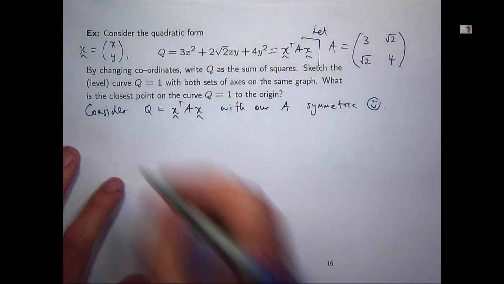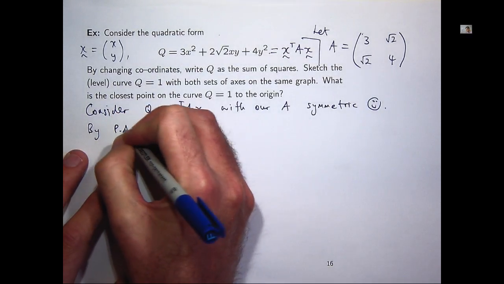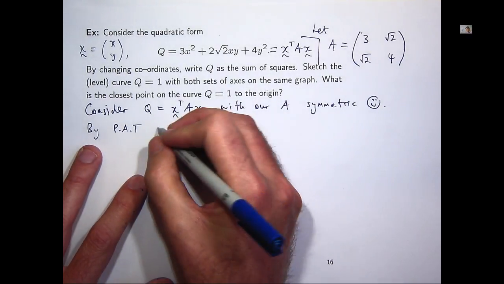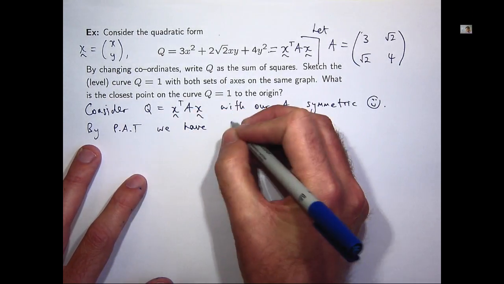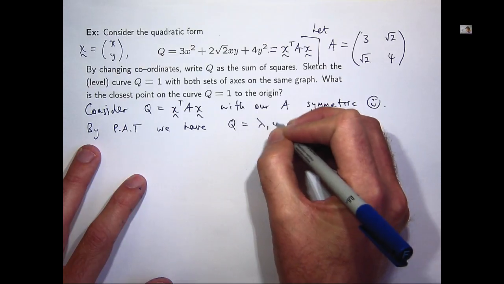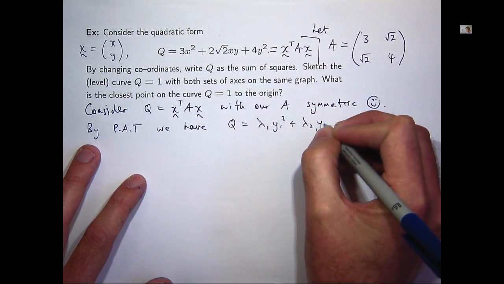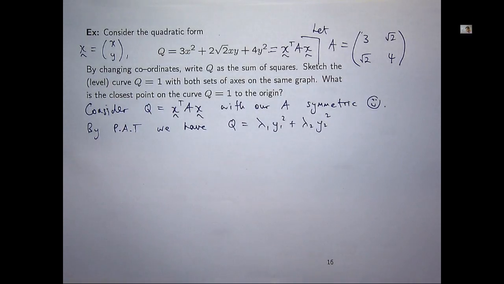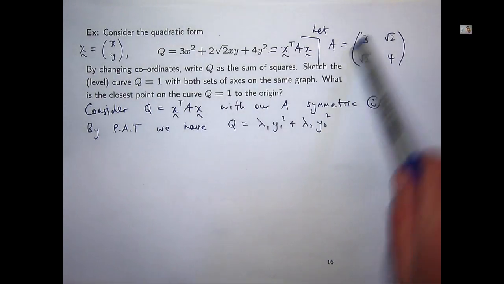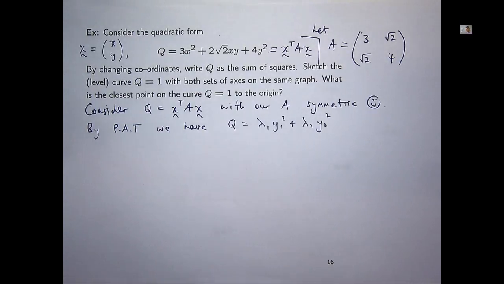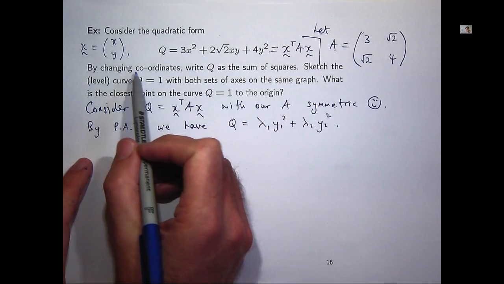Now by the principal axes theorem, the PAT, I know that I can write my quadratic form as a sum of squares, where y1, y2 are the new set of variables, and lambda 1, lambda 2 are the eigenvalues for my symmetric matrix A. So, let's look at the first part of the question.